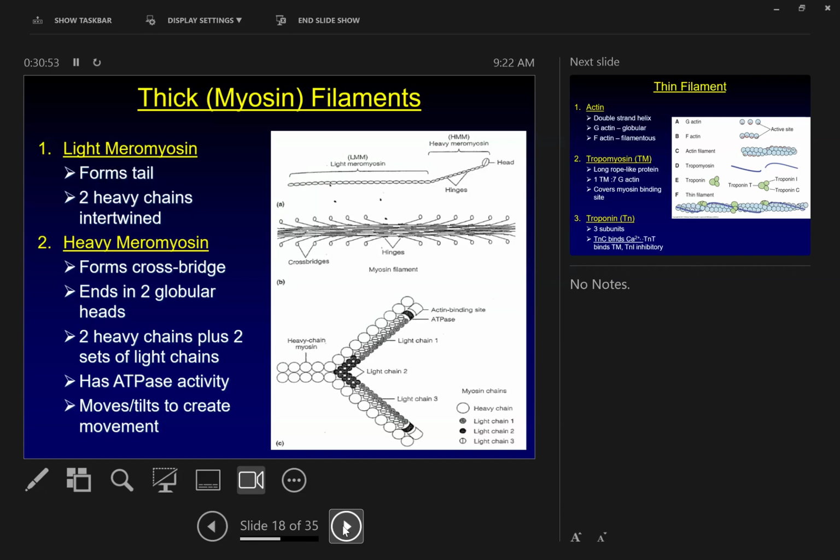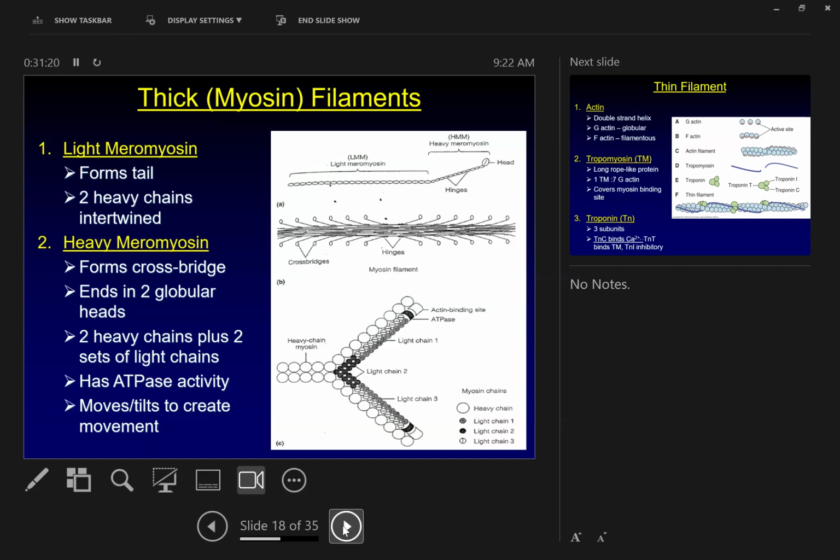Then the other thing to keep in mind is there are these light chain molecules on the inside, which are important, but again beyond our scope. But I want you to see right here, right at the end, there's a binding site for actin. This is the piece of myosin that grabs onto the actin. And then right next to it is an enzyme called an ATPase, or the myosin ATPase, okay?